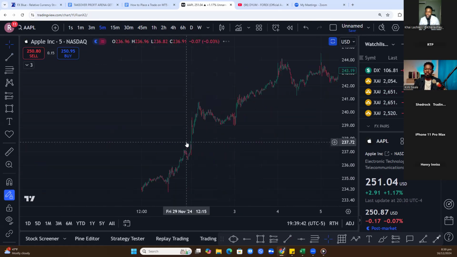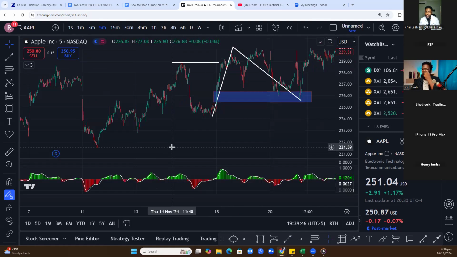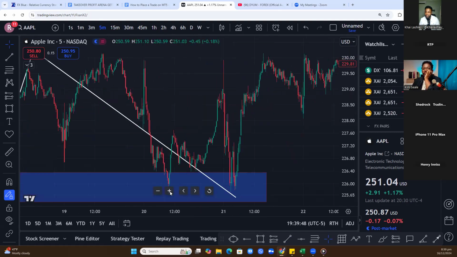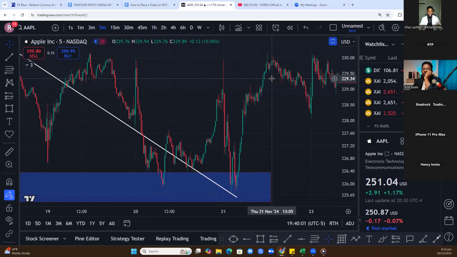We got candlestick rejections, all right, engulfing candles, bam, imbalance, price pull back, trade into the same area, push up again. I'm just saying, it don't matter.